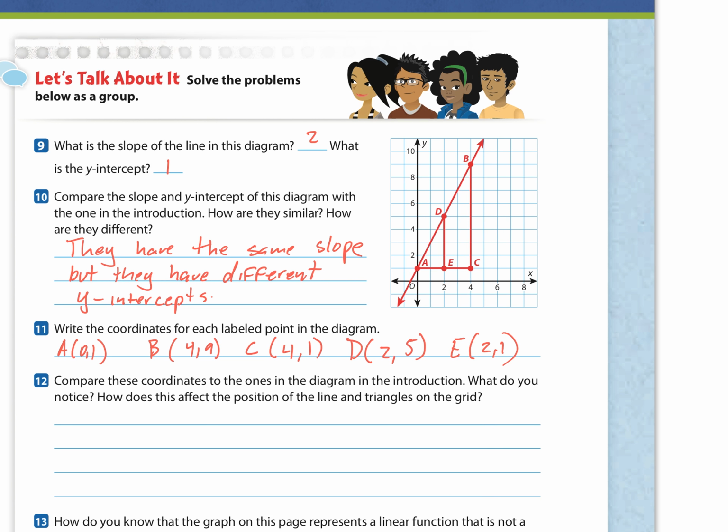So keeping in mind the previous image, how do the coordinates change? The y coordinates change by 1. Okay, so the only thing that happens is that the y coordinates will shift upwards. Your intercept is 1 up, and every other y coordinate is 1 unit up.